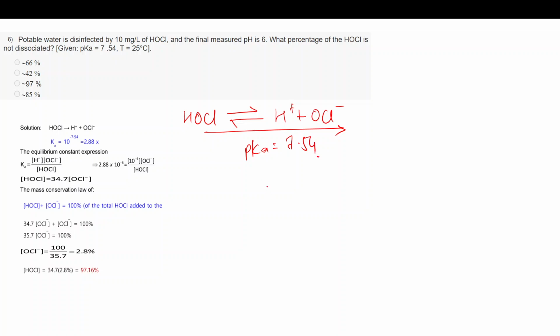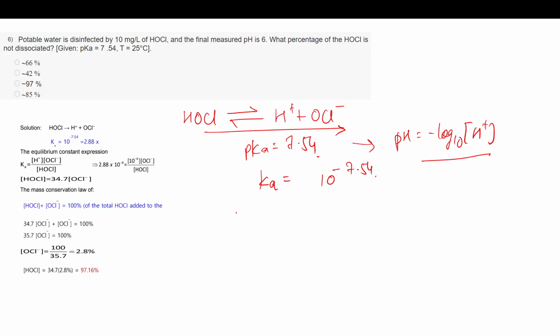So you can say that the equilibrium constant Ka will be 10 to the power minus 7.54, right? This is similar to pH, where pH is minus log to the base 10 of the hydrogen ion concentration. Similarly, pKa is for the equilibrium constant, so it is 10 to the power minus that value. So that will be the equilibrium constant.